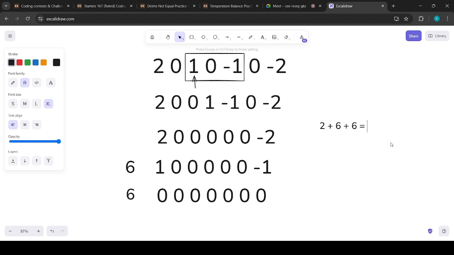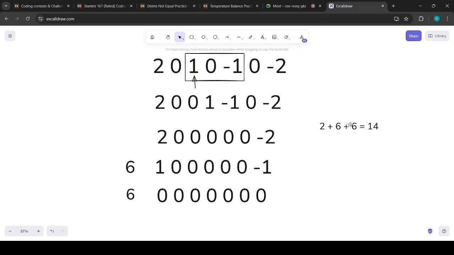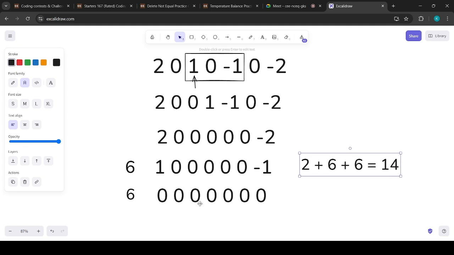So it will take up to 14. There is no test case like that. So it will take 14 seconds to neutralize all the chambers, as we want all the chambers' temperature equal to 0. So it will take 14 seconds to neutralize all the chambers.